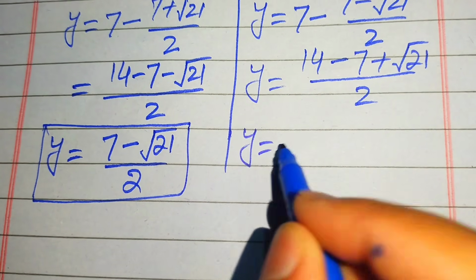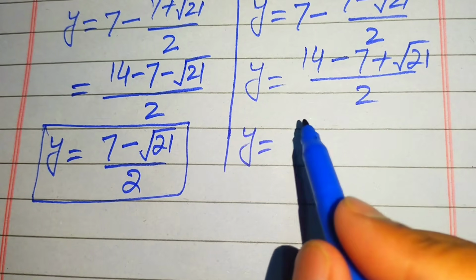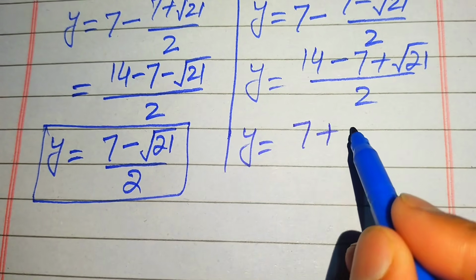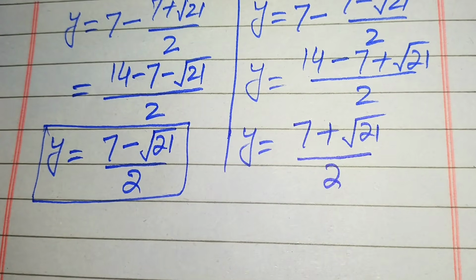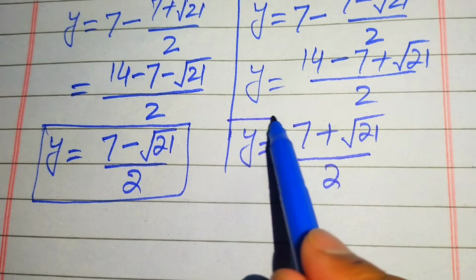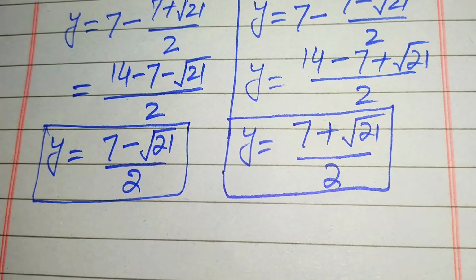So here we get the value of y is equal to 14 minus 7 becomes 7 plus square root of 21 divided by 2. So this is the value of y corresponding to the value of x above.